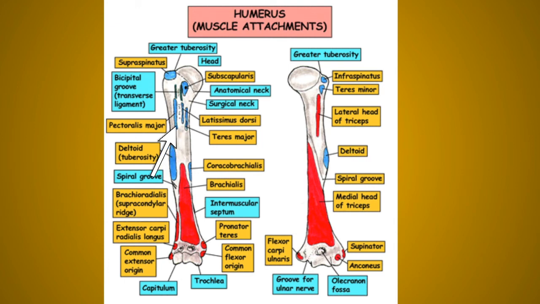So remember, on the lateral lip there is pectoralis major muscle, into the floor there is latissimus dorsi, and into the medial lip of the bicipital groove there is teres major muscle. So remember the series: pectoralis major, latissimus dorsi, teres major from the lateral lip to the medial lip of the bicipital groove.